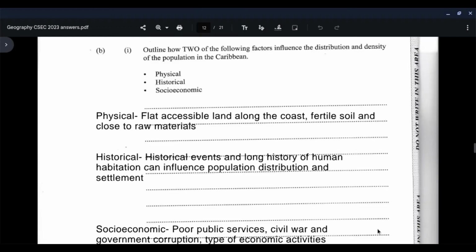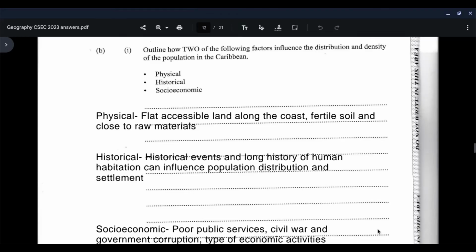So what you realize is that most persons live in the cities as opposed to the rural areas. In some communities a lot of persons live there, which means that they have a high population distribution and density as opposed to other communities. So the historical data that supports population within a given area helps to influence its distribution and density as well.